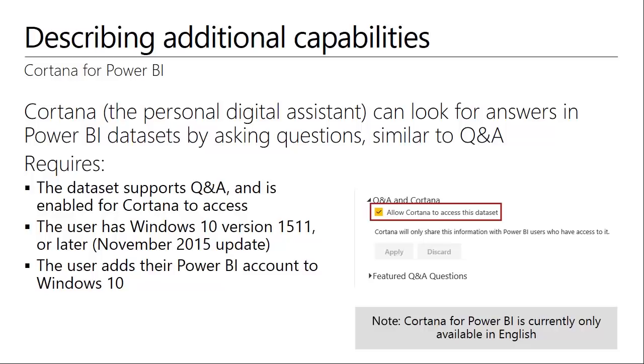And you can see here on the presentation there's a checkbox that you would check to allow Cortana to gain access to that dataset. The user will need Windows 10, at least version 15.11, which is the November 2015 update. And the user can add their Power BI account in Windows 10, and that would enable this capability to work. Note that Cortana for Power BI is currently only available in English.